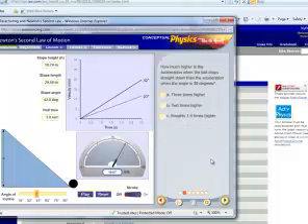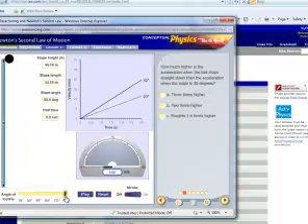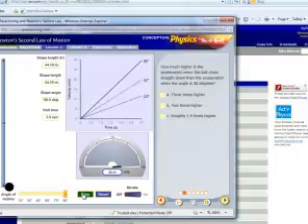How much higher is the acceleration when the ball drops straight down than the acceleration when it's at 30 degrees? Well, let's come over here and find out. Straight down. Hit play. So how much higher is the acceleration than when the ball was at 30 degrees?